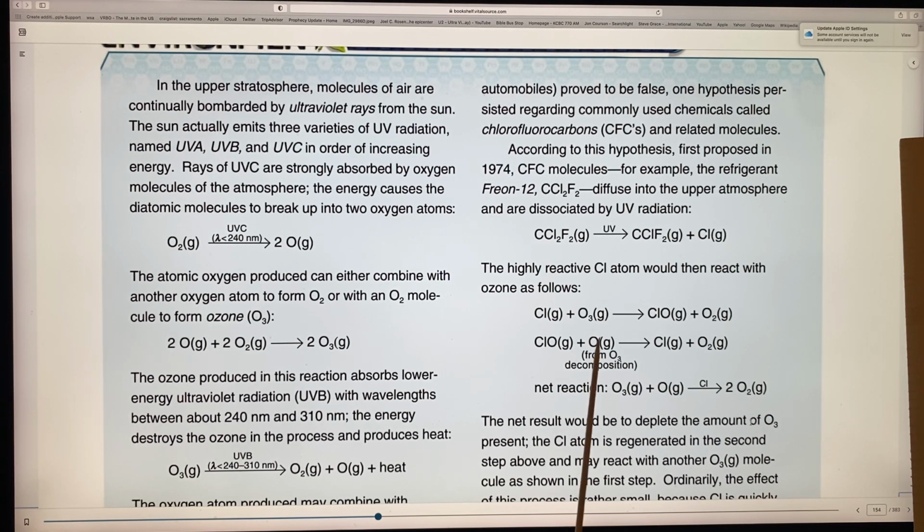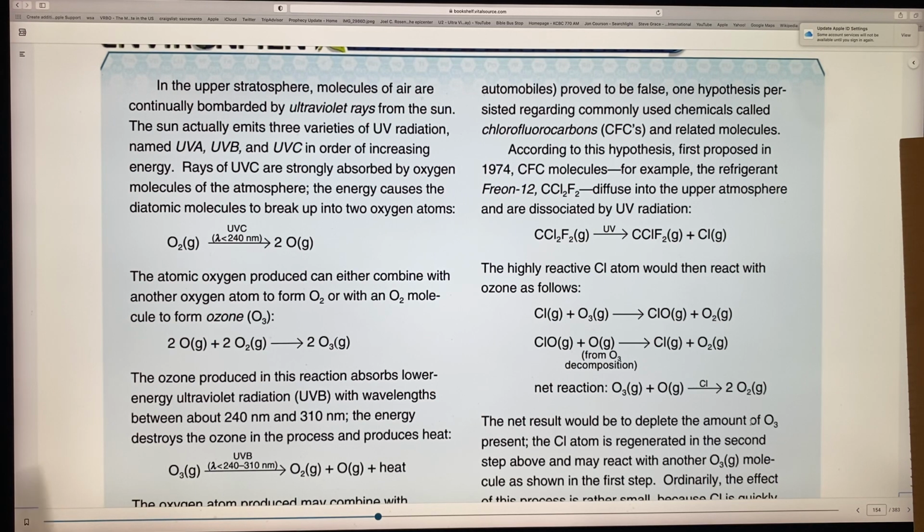And so here we have a picture of how it's reacting with the ozone and causing the ozone to be depleted. So we have chlorine reacting with ozone, O3, producing chlorine oxide and regular oxygen, and actually decomposing the ozone layer.